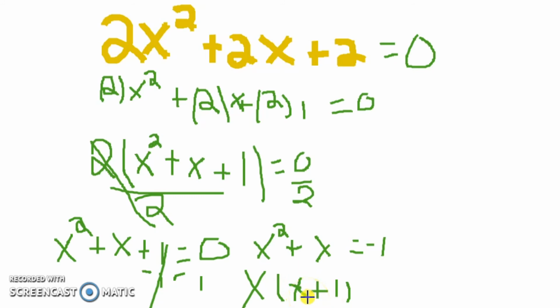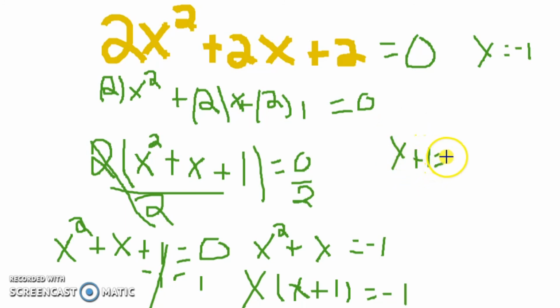So we're going to have 2 different answers. We've got this x here that's going to be equal to negative 1. And then we've got our x plus 1, which is also equal to negative 1. So we're going to circle this one and leave it for later.